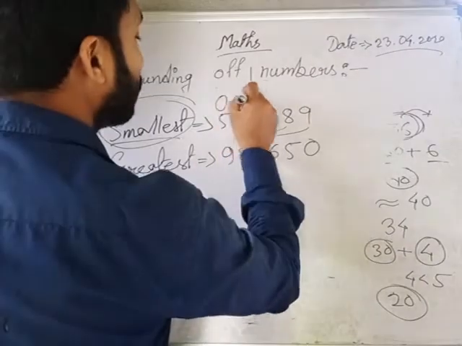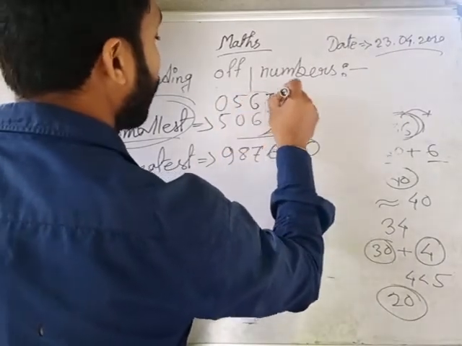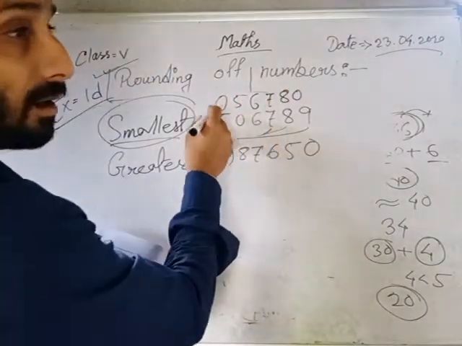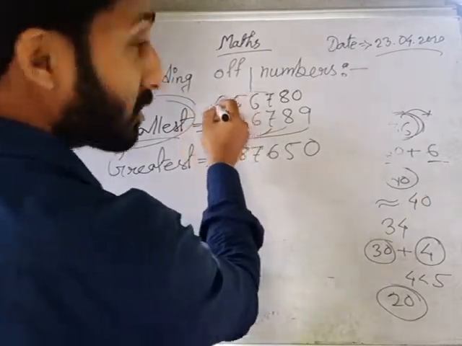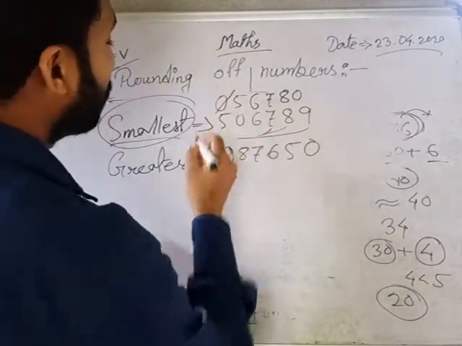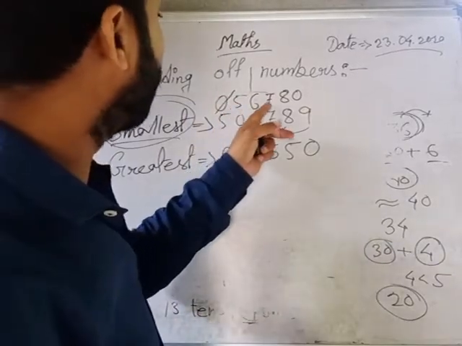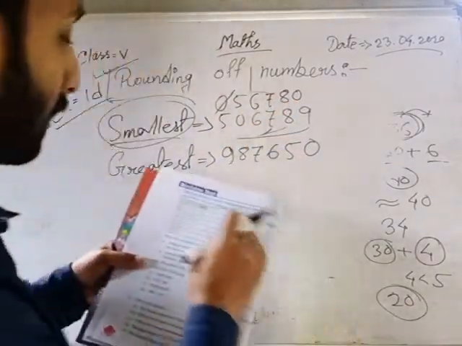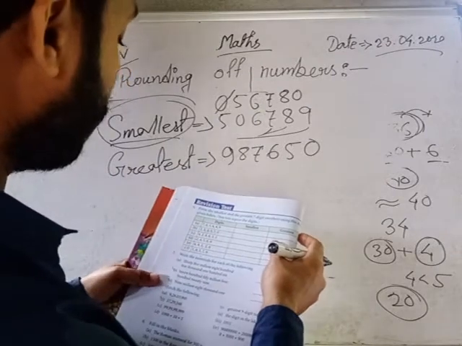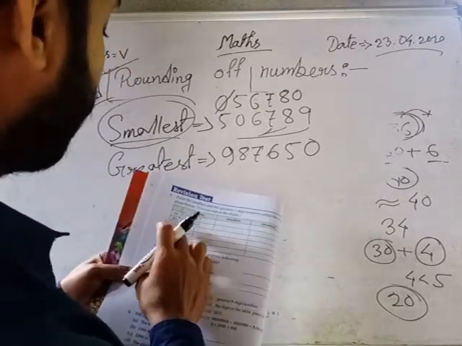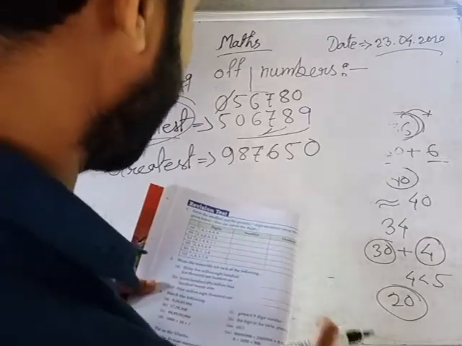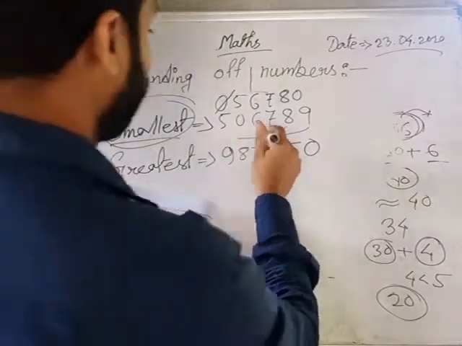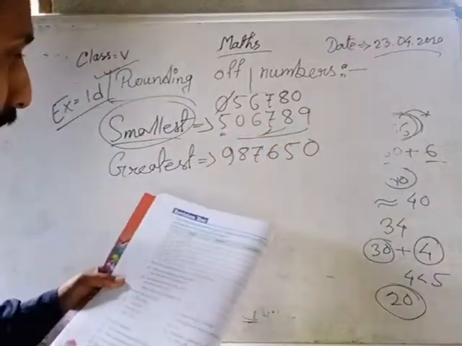If we write 0 at first, then 0 is in the extreme left and the number has only 5 digits, but 6 digits are there. That's why you should write 5 at first.